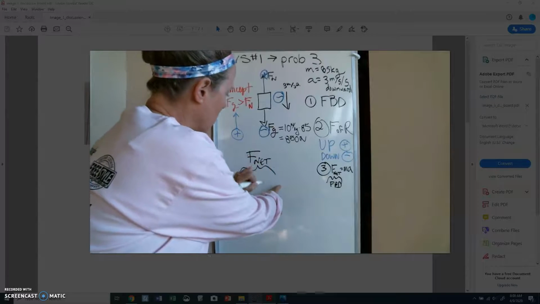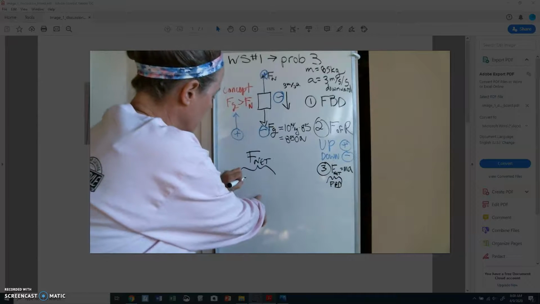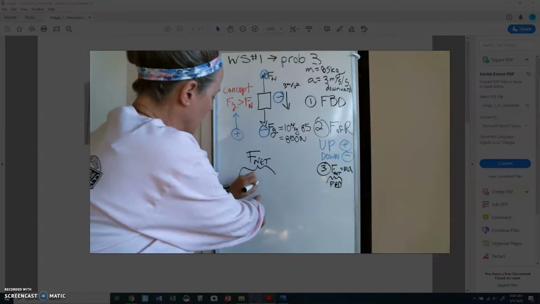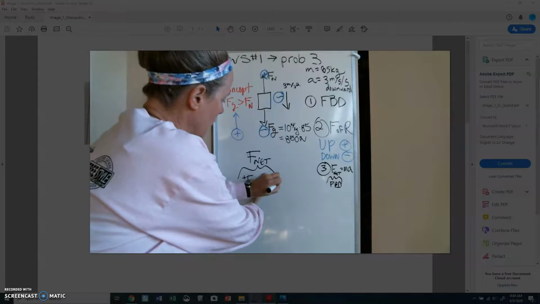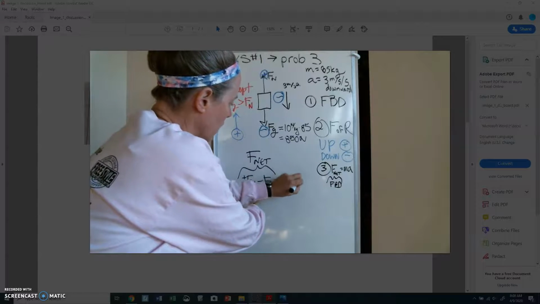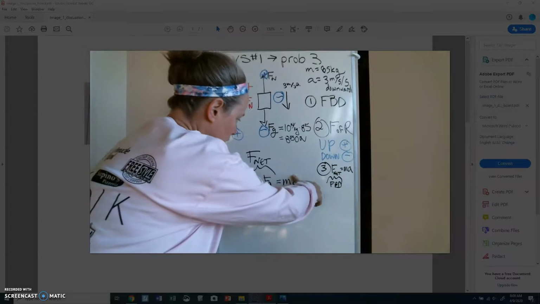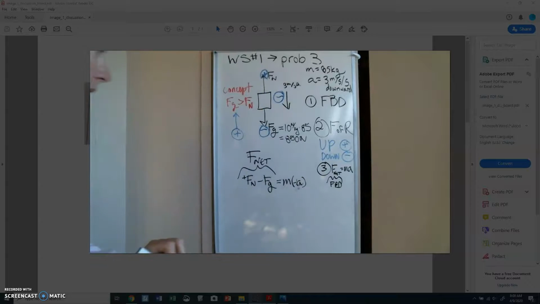They asked you that in most of the problems prior to that. Well, I've got a positive force normal, I've got a negative force gravity, I've got a mass, and I've got an acceleration. Okay, now I could put, just to be clear, a negative acceleration.